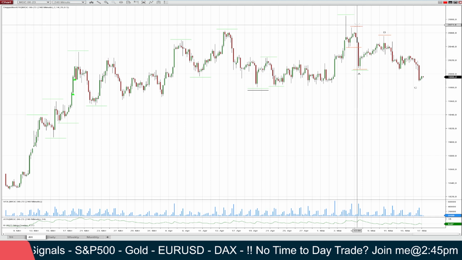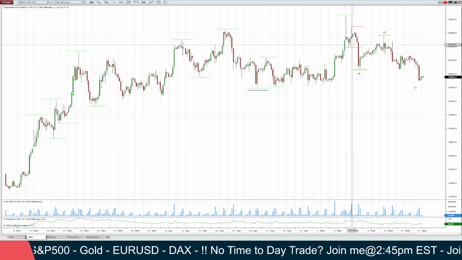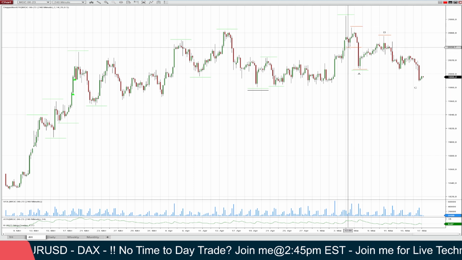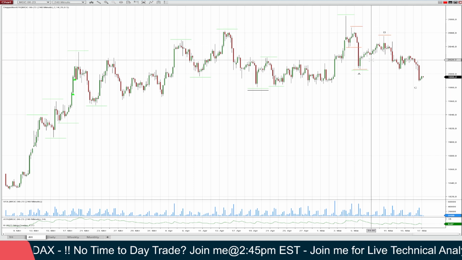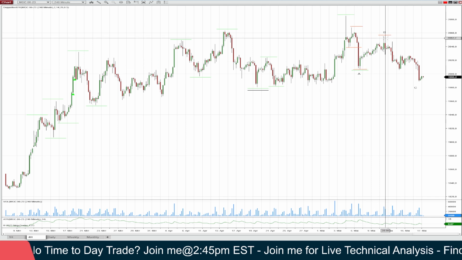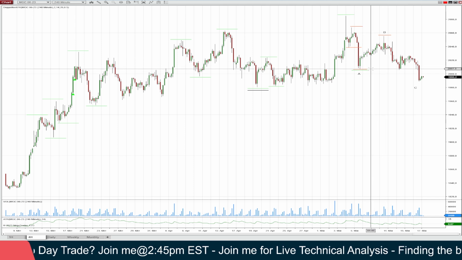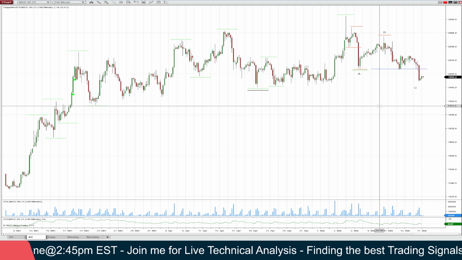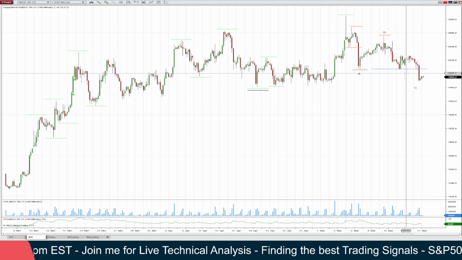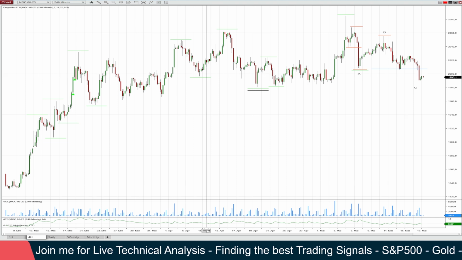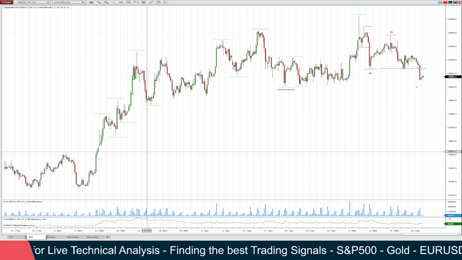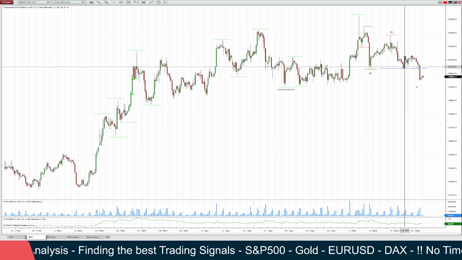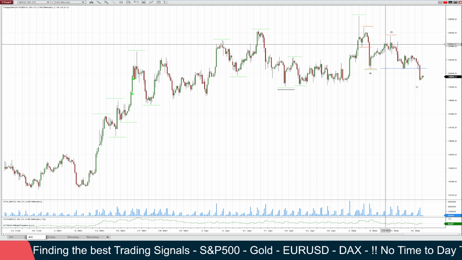Higher high, higher low, higher high, higher low. Now we are actually forming a down sequence here. It's like a lower low, lower high, lower low, lower high. So meaning it would be an official short trend, downtrend, but looking at the dimension of it, I don't trust that down move.